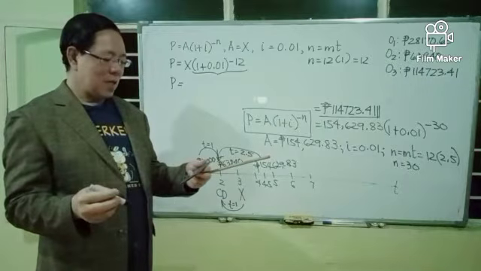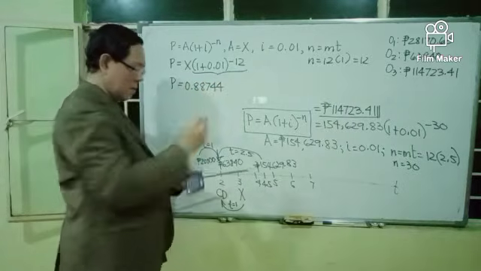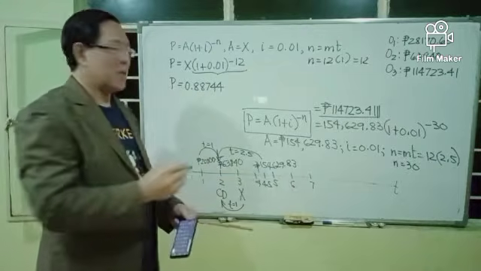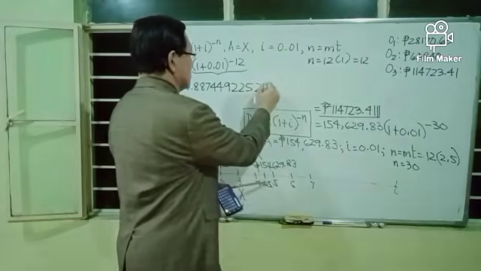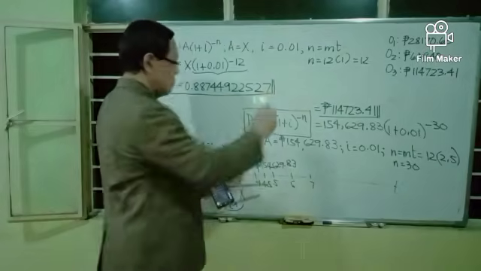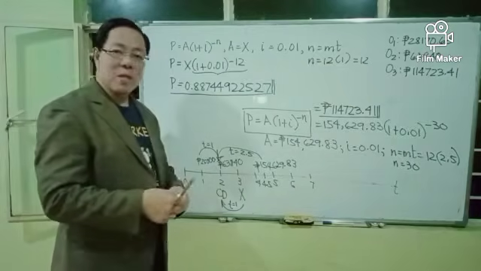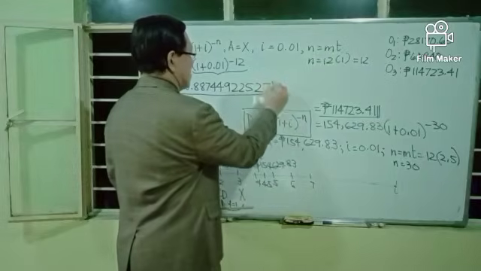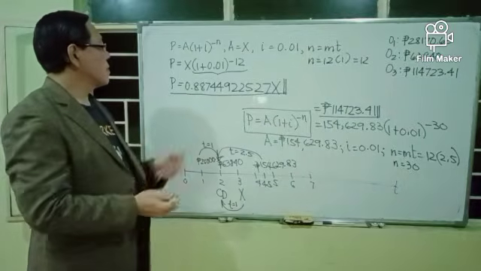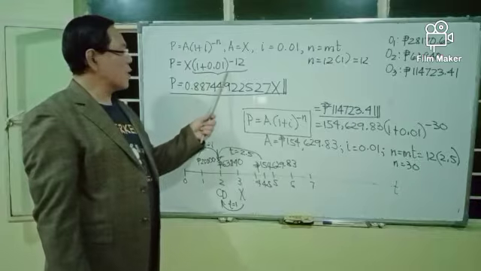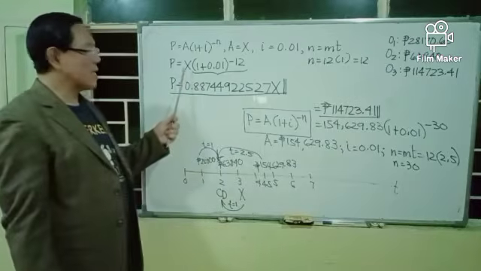And you should get 0.88744922527. Using the calculator, 1 plus 0.01 to the negative 12 is 0.88744922527, and multiply that by x.